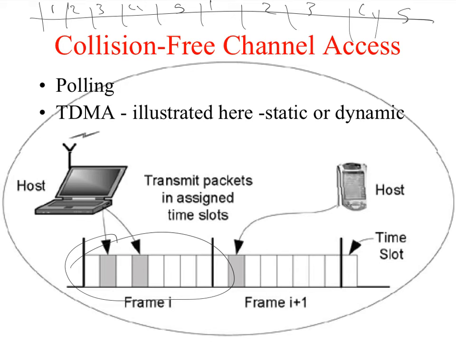So the prefixed time slot is not always efficient, and actually in most of the cases not efficient. So the best way is to do it dynamically. And even with dynamic, it's not the same every time. Maybe the same user who had 2 slots in this frame will have 1 slot in the next frame and 3 slots in another.